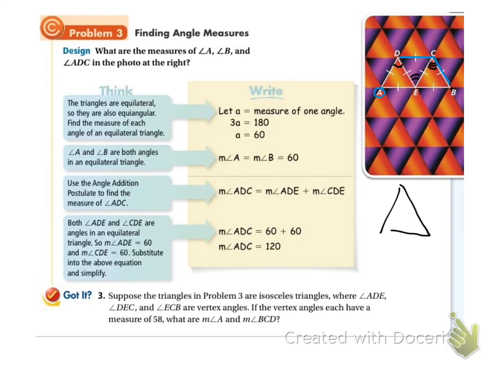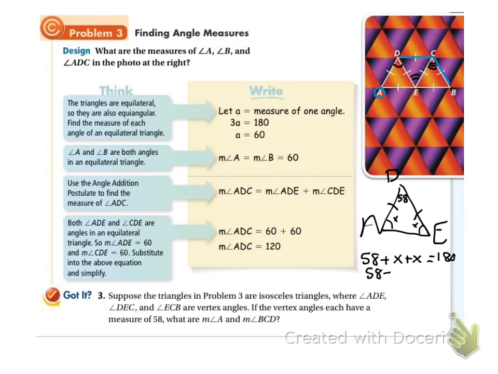Here's our triangle DAE. If this is isosceles, I know that these base angles are congruent. And that vertex angle was 58. So, I know that 58 plus, and I'll call each of these x, plus x plus x equals 180.